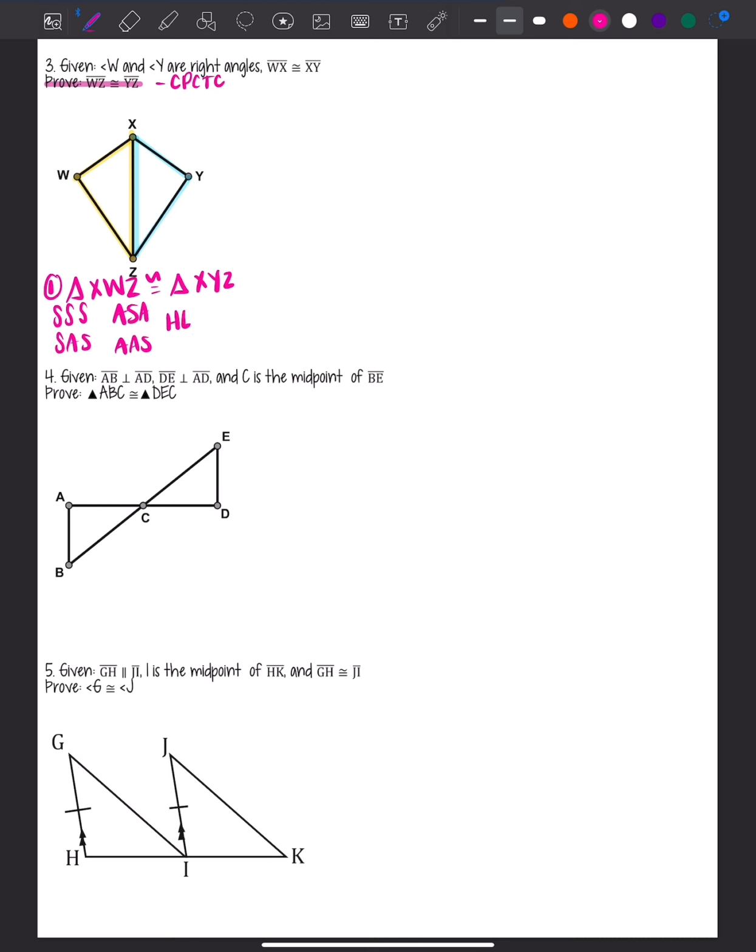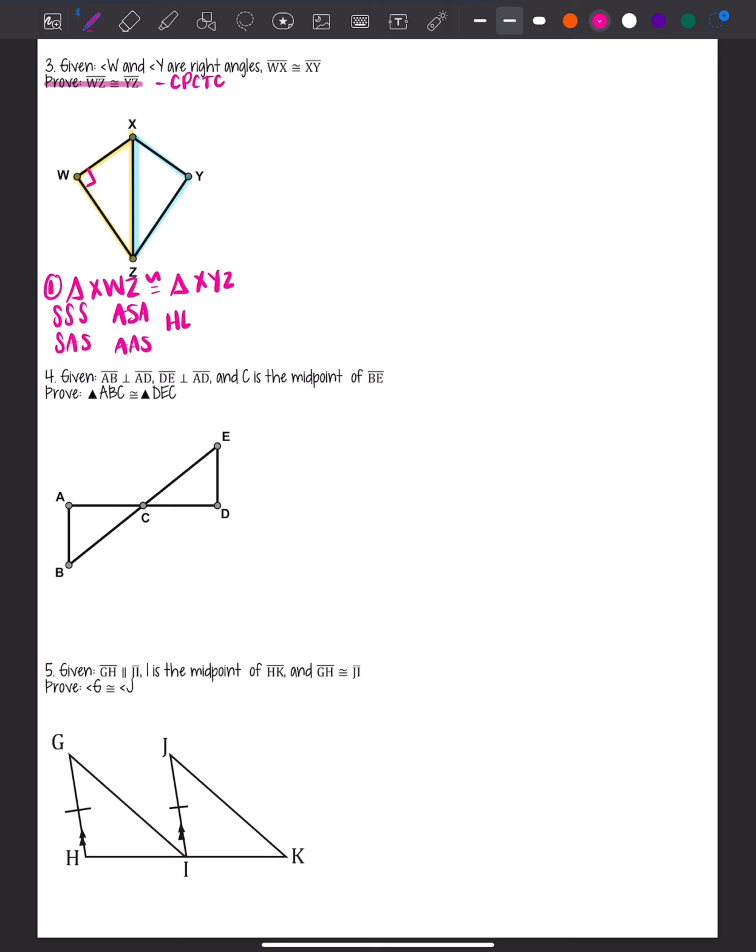And I'm going to use my given information in order to prove that these 2 triangles are congruent so that I can end my proof and say that these 2 segments are congruent by CPCTC, which stands for corresponding parts of congruent triangles are congruent. So we are given that angle W and angle Y are right angles, and I know how to mark that.